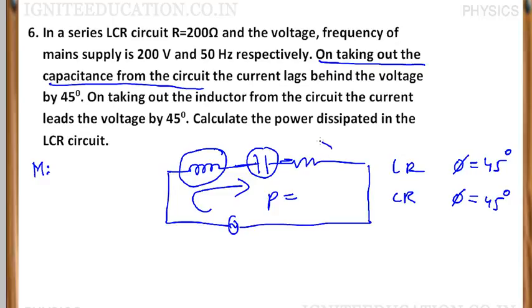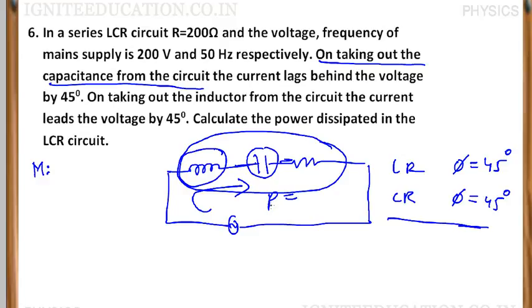That means for the whole combination we need to find P. We can't find power directly, so depending upon the conditions we need to find the power dissipation. We don't know L, we don't know C, we don't even know I.